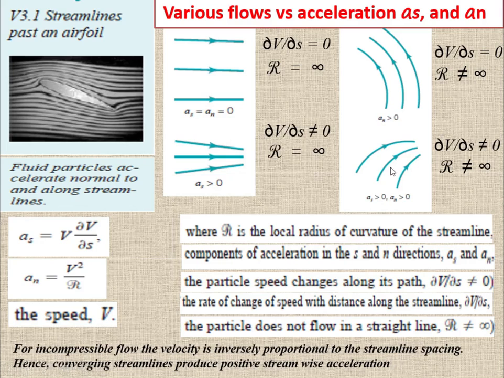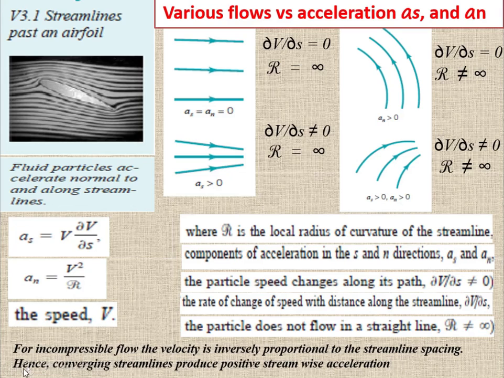In the last case, both the streamline acceleration and the normal acceleration will be greater than 0, because the change in velocity with respect to position is also varying, and the radius of curvature is also present in all the lines. So both streamline acceleration and normal acceleration will be greater than 0.